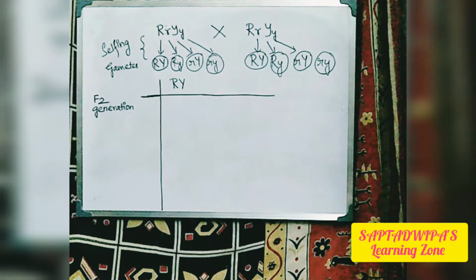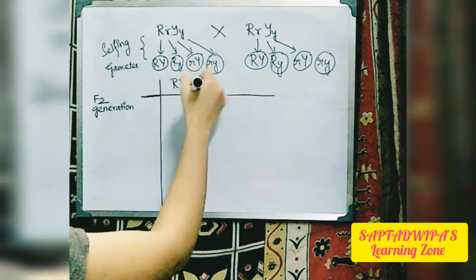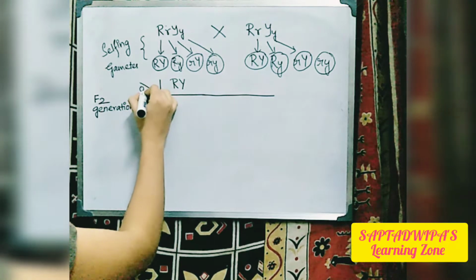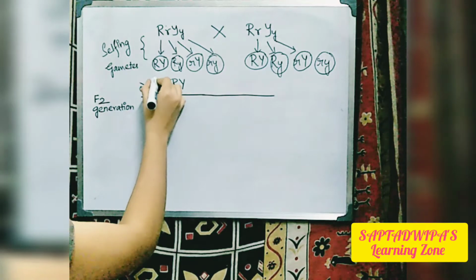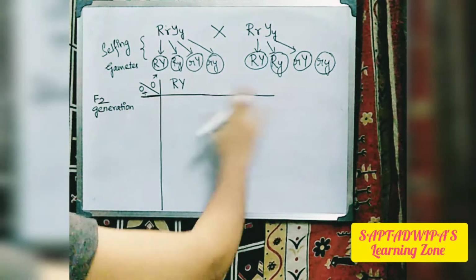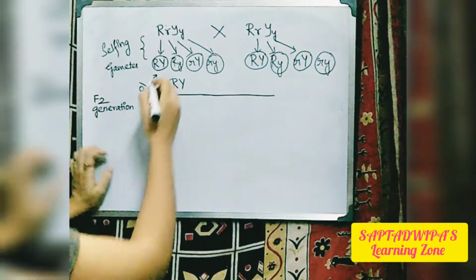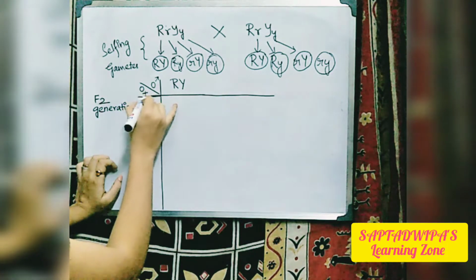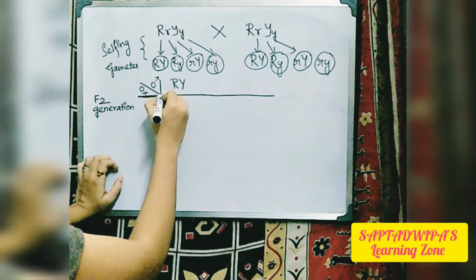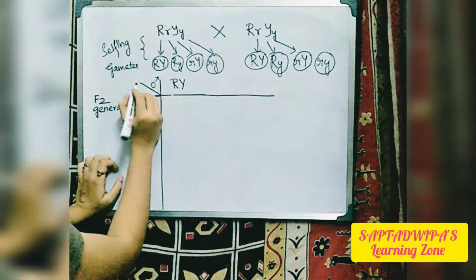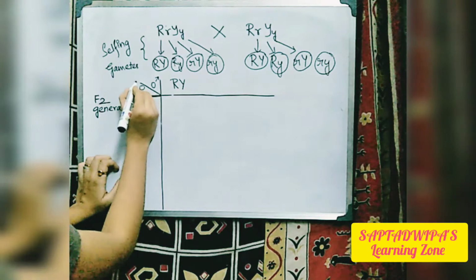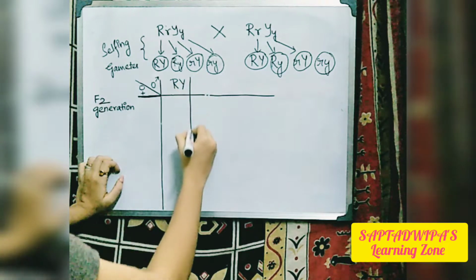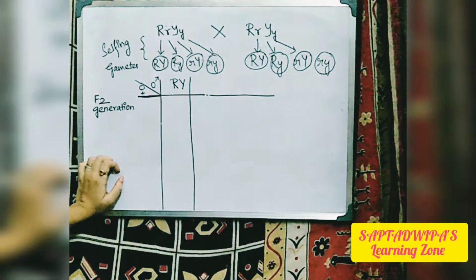Here, these are the female gametes and these are the male gametes. This portion is representing the male gamete, and this below portion, the downward portion, is representing the female gamete. That's why I have given the symbols here. Now RY was the first one. What was the second one?